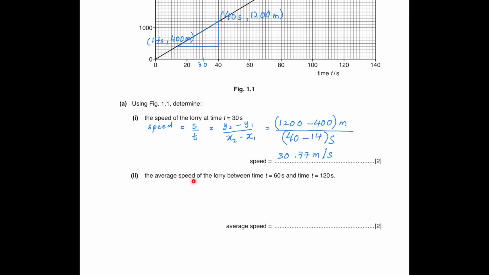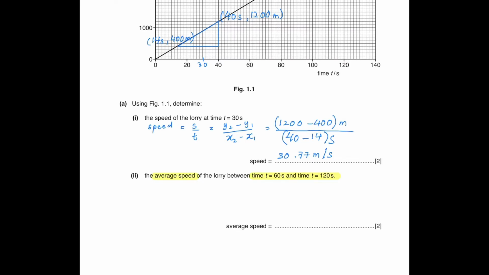The average speed of the lorry between t equals to 60 seconds and t equals to 120 seconds. Average speed, t 60 seconds to t 120 seconds.